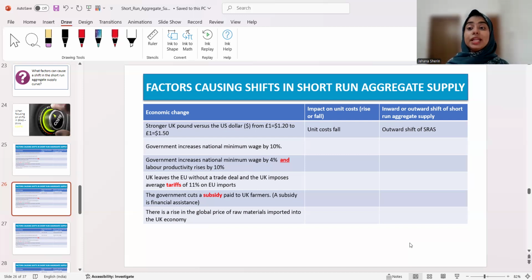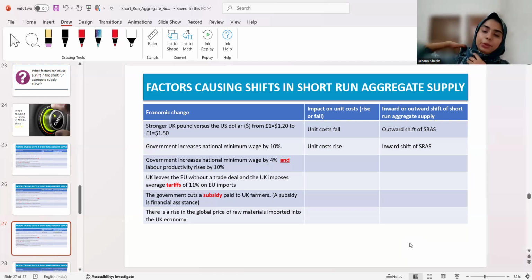Businesses' cost of production will increase, because the government is making it law that businesses have to give this much minimum wage, which means the cost of production is increasing by providing higher wages. That means their unit cost will increase. If unit cost increases, their supply will be disrupted and decrease. Unit cost rises, inward shift in SRAS. Supply will shift inward to the left, which means supply decreases.